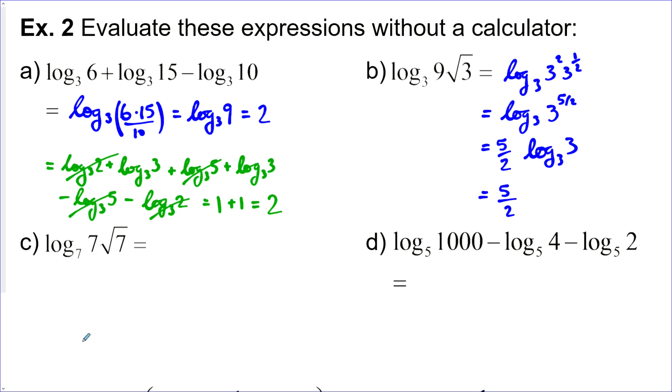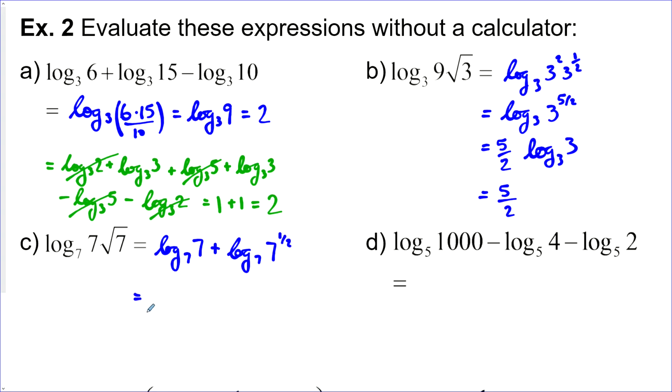For the next one, we could do something very similar to this, but let's try splitting it up just for some variety in our approach. So we've got log base 7 of 7, and since we're multiplying in here, that would be the equivalent of adding here a different log base 7, and the root 7 is in here. So in the same step, I'm just going to change that radical to an exponent instead.